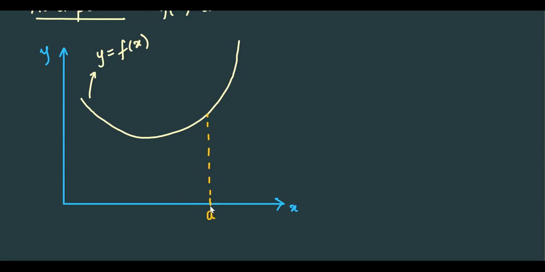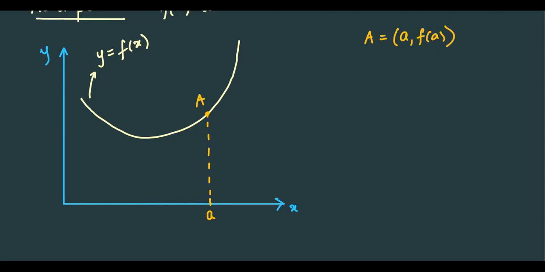So now this is x equal to a. What is the function value here? f of a. This is f of x, right? So let us say this point we mark as A. What will be the coordinates of A? It will be (a, f of a).